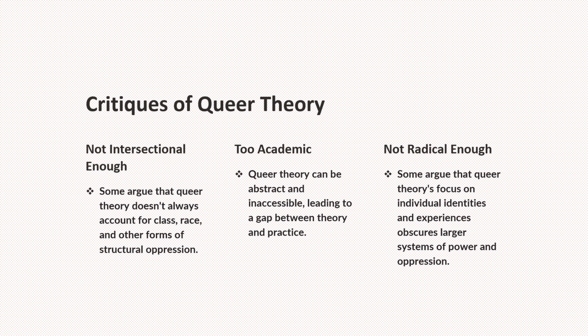So some are saying that it focuses on individual identities and experiences, and only individual experiences and identity is changed, not a mass radical change. Radical means a very great or complete change in that realm, and this does not affect a lot of people or the rest of the community. So these are the criticisms against queer theory.